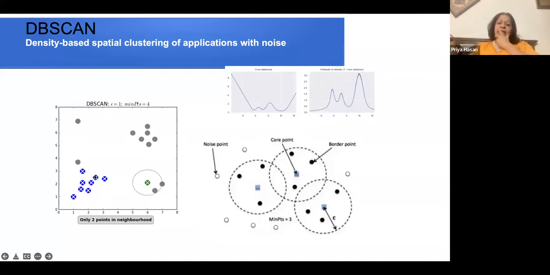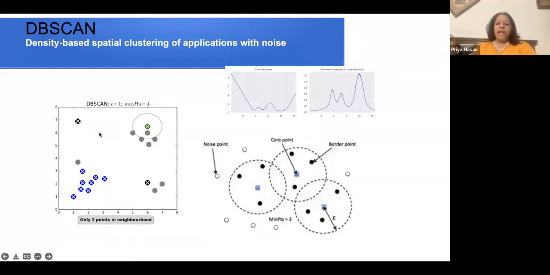Core points are those which have the minimum number of points within the epsilon region, while border points fall within the epsilon region of another star but do not have their own epsilon region populated by the minimum points. And then there are noise points, which have neither.